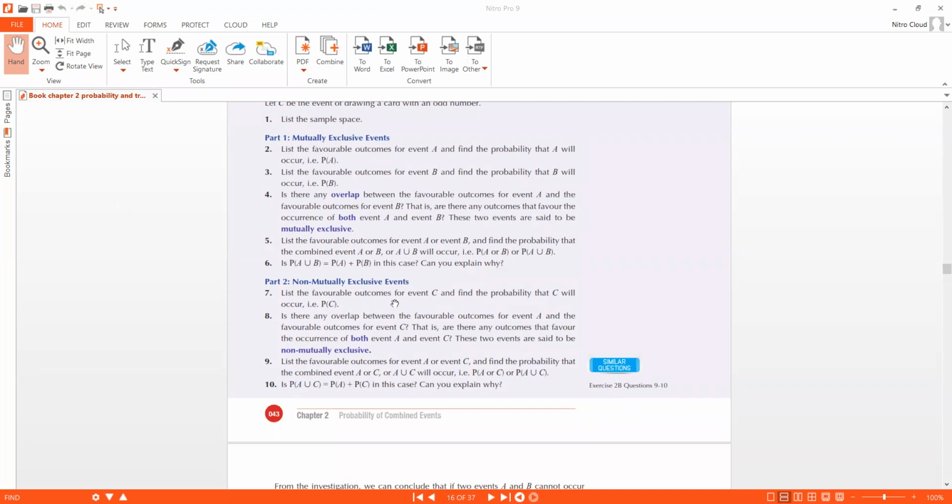Okay. Mutually and non-mutually exclusive events. What does it mean? Mutually exclusive events means that overlapping of the events is possible.